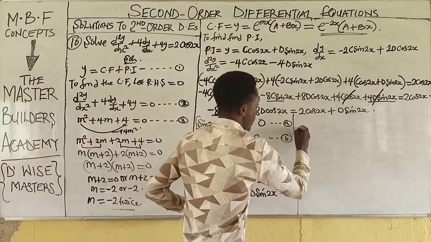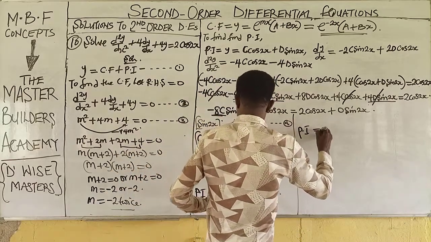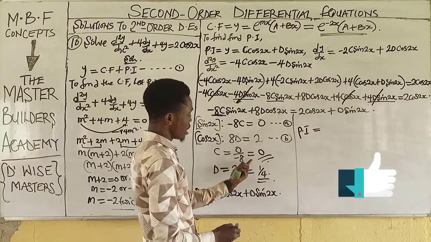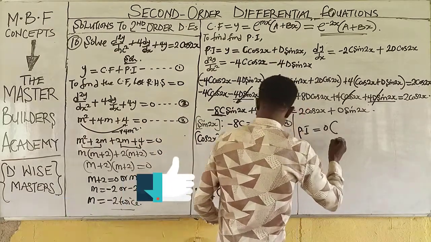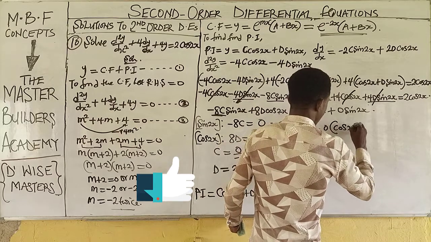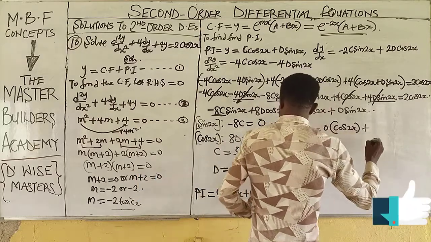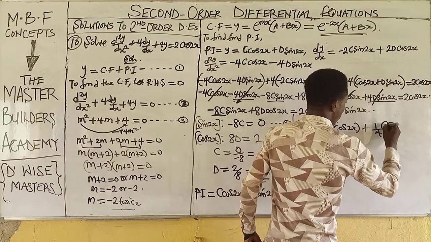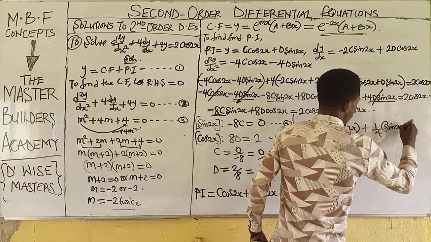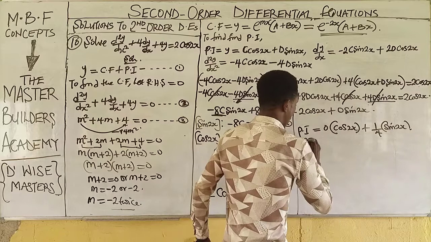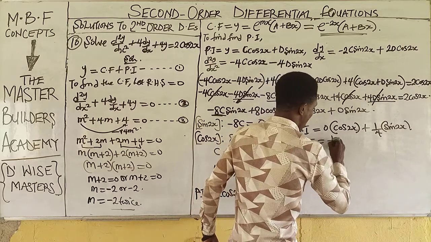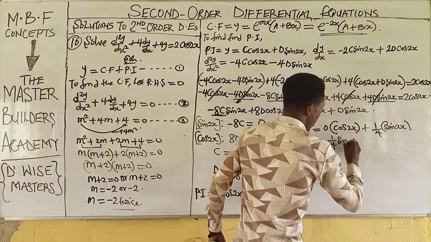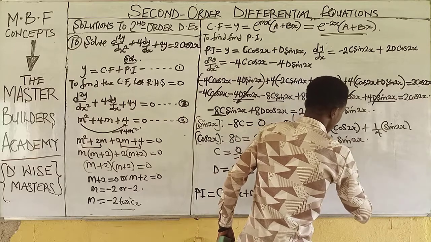What is c? c is 0, so you can put in 0 multiplied by cos 2x plus d is 1 over 4. So we have 1 over 4 multiplied by sine 2x. And finally, our particular integral would have given us 1 over 4 sine 2x.